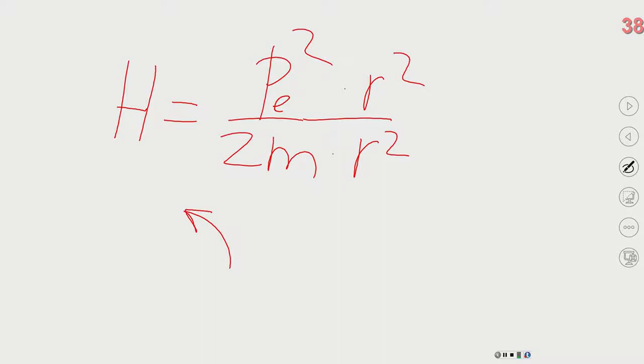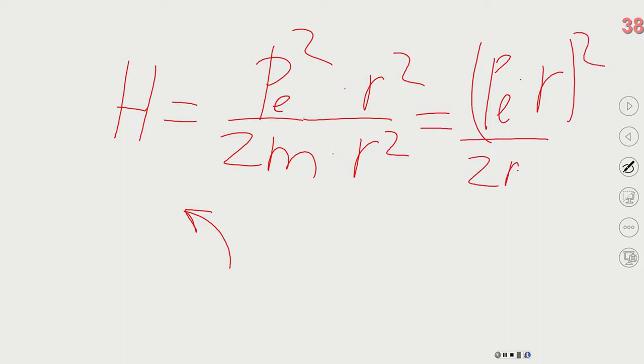No? Good. So continuation of the hocus pocus. I didn't lie. Now, let's consider the numerator as p sub l times r squared. Did I lie? No.